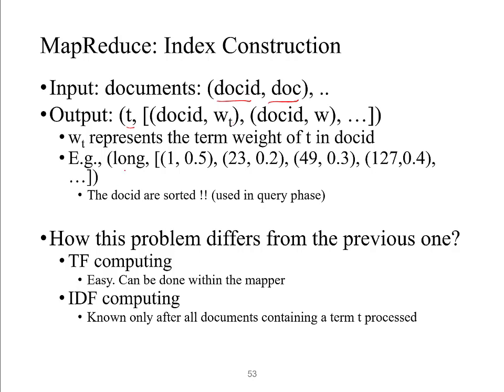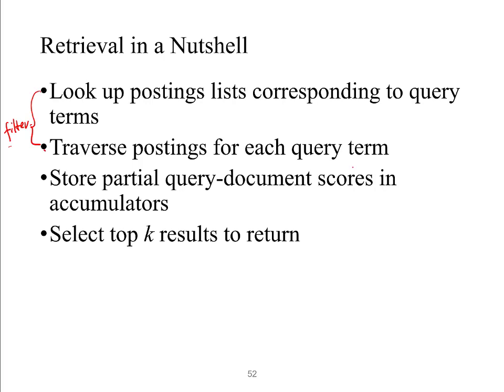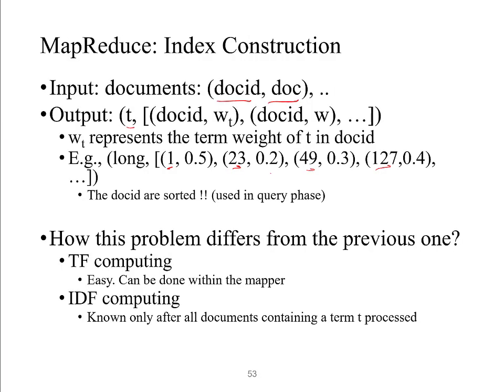For example, the term is 'long', the document IDs are 123, 49, 127, and the TF-IDF weights are 0.5, 0.2, and so on. And again, the document IDs are sorted because in the query phase, we need to do the filtering. We need to find those documents that share at least one term with the query, so we need them to be sorted.